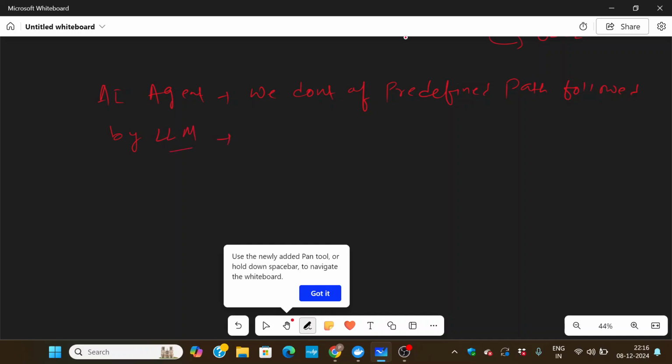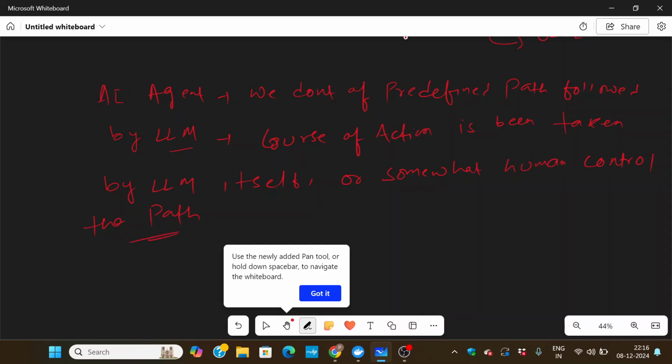The course of action is taken by the LLM itself, or somewhat by human intervention, who will control the path. Getting my point, guys? So this is the basic difference between a chain and agent.